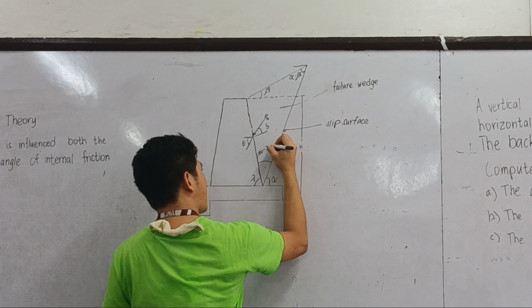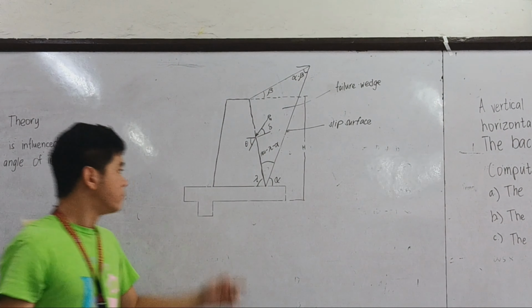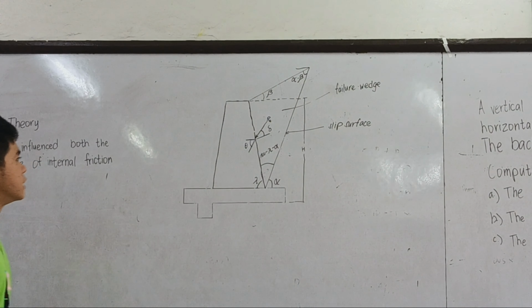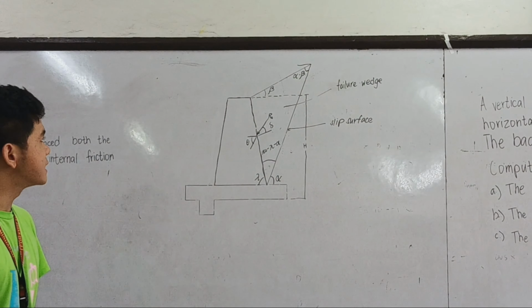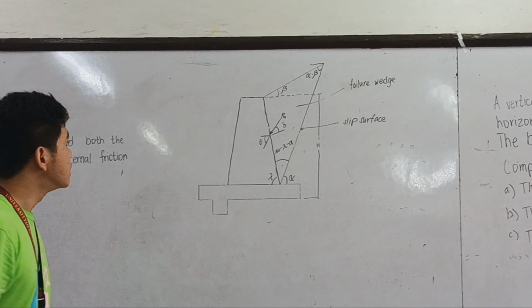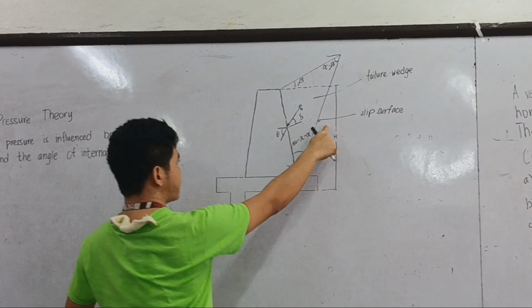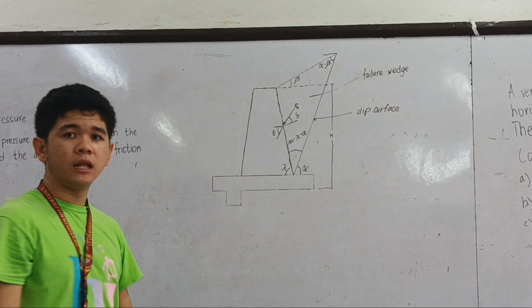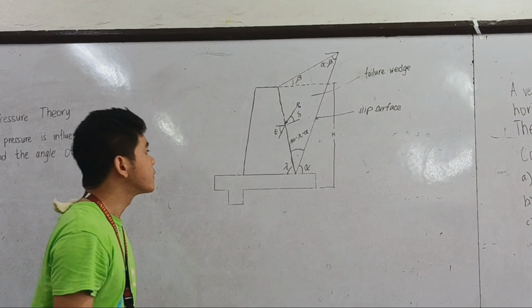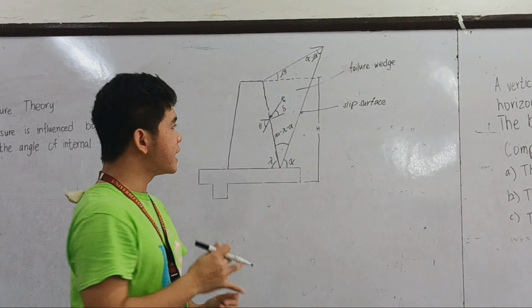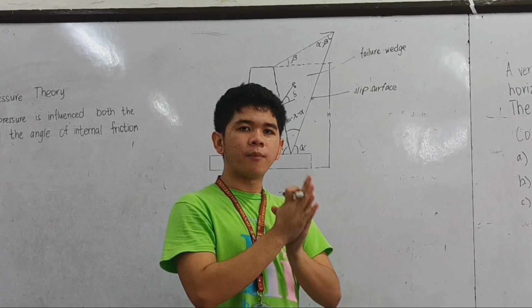Minus lambda minus alpha, straight angle. And I guess that's all for the illustration. Here's our retaining wall, our failure wedge, our slip surface, and the angles that are involved in it. So let us proceed to our problem.